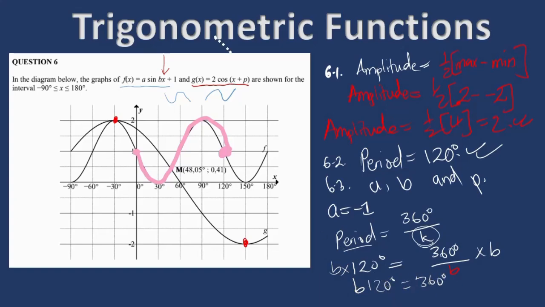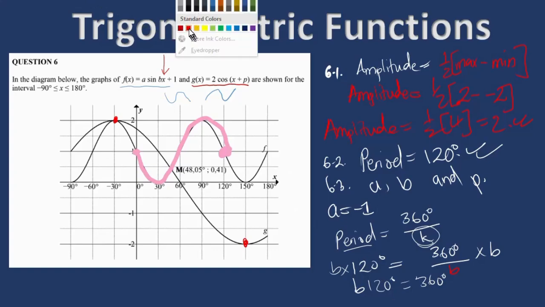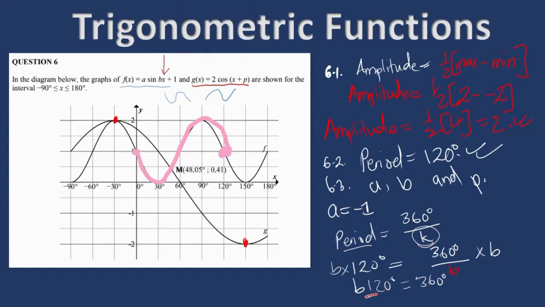How do I remove the 120 from 360? I divide this part by 120 degrees and this part by 120 degrees. Therefore, my B will be equal to 3. That's our B value there.